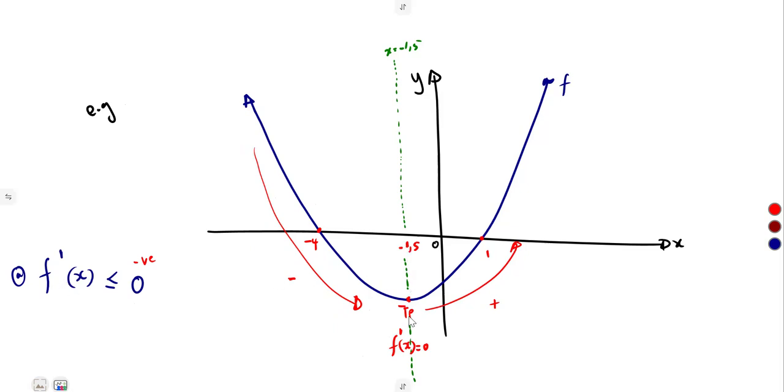Compared with -1,5, we are saying our x is less than -1,5, on the left side. But remember, there is an equal to, because it is equal to 0 at exactly -1,5. So you must also put the equal to.